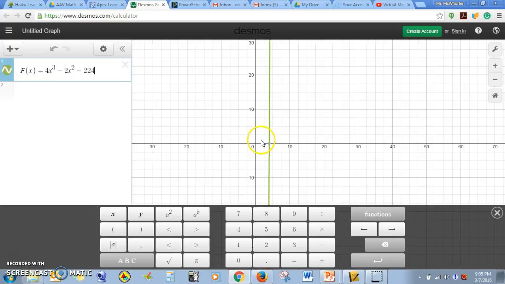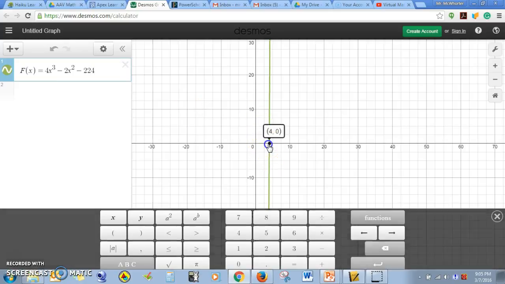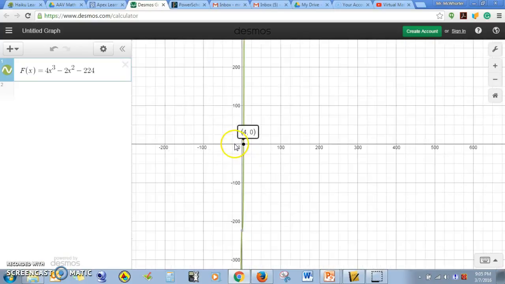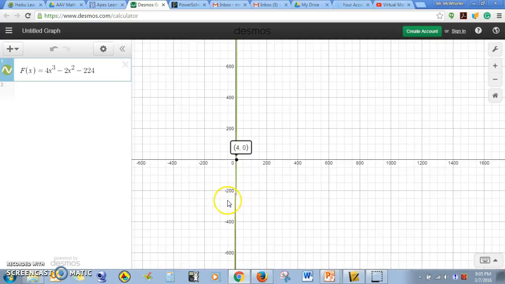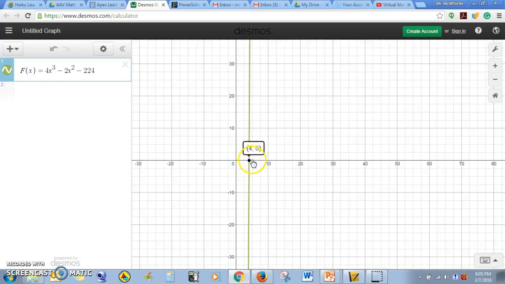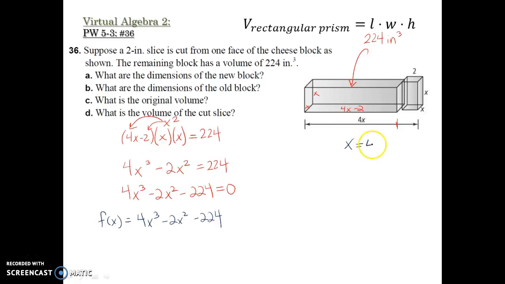And where's my zeros? I got one at 4. Let me zoom out to see if I have any more. Doesn't look like it. So 4 is my zero for this function, so that means that x equals 4 in all these places.